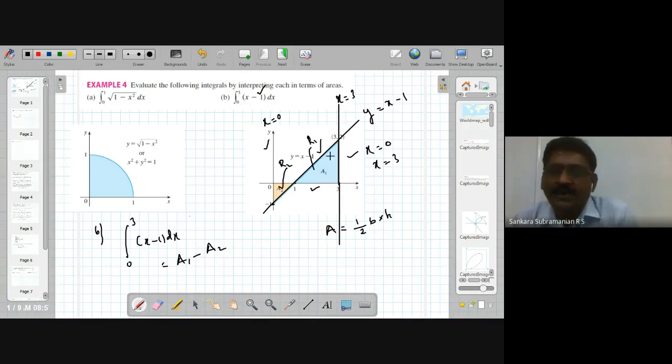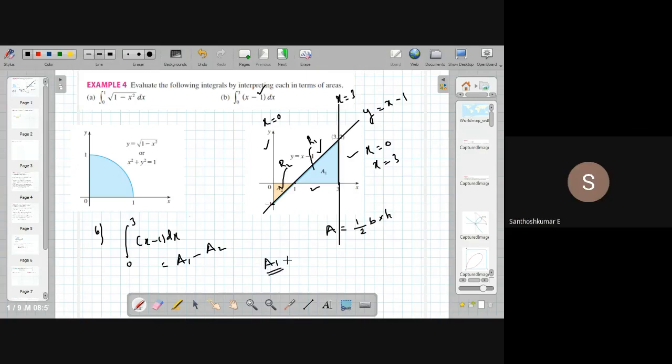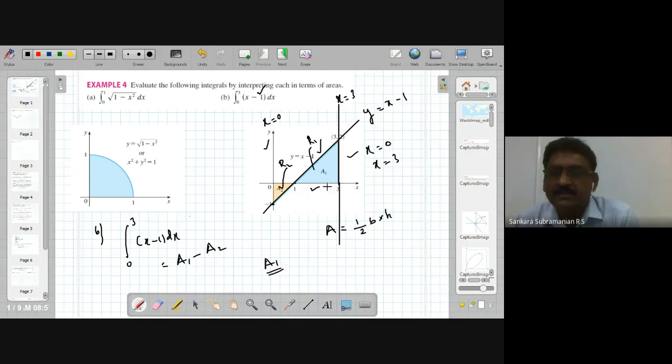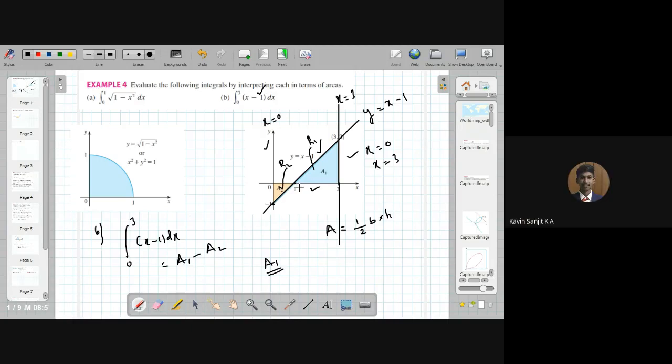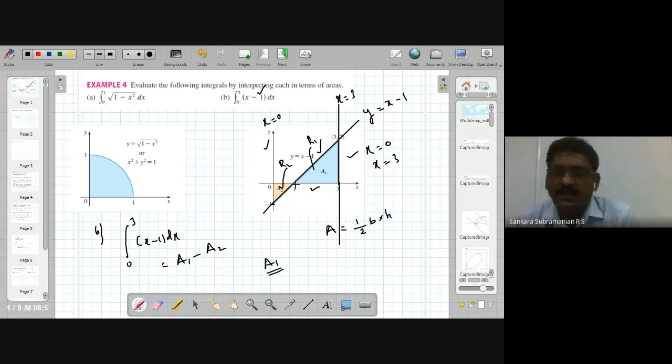Now considering A1, it is a triangle. What is the base of the triangle A1? Can anyone tell me? What is the base in units? 2, sir. 2 units, because it started from 1 and ended at 3. So 3 minus 1 equals 2 units. So base equals 2 units.